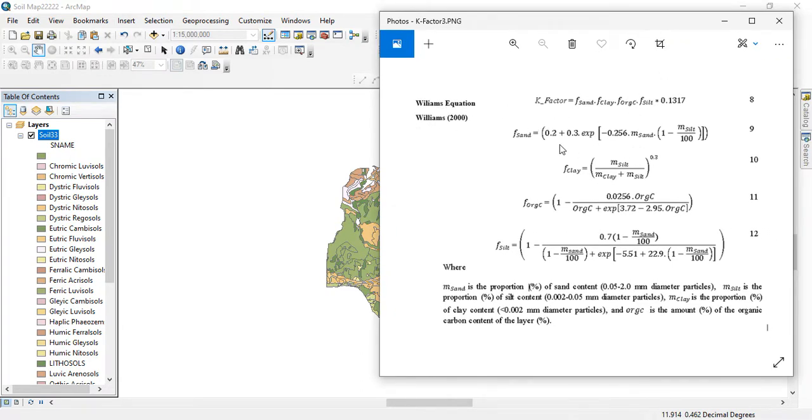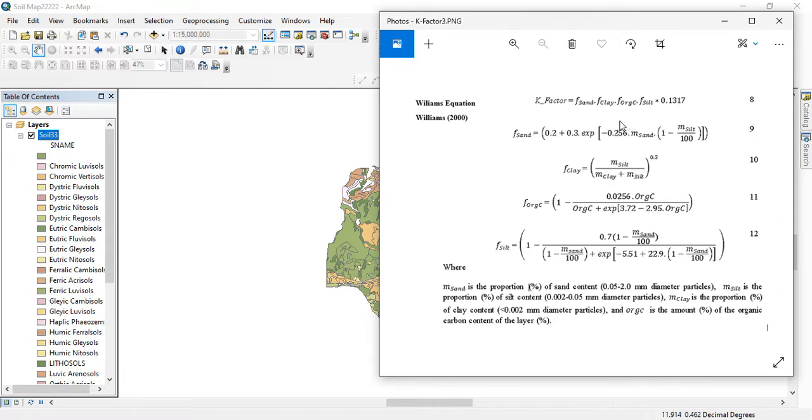So in the Williams equation, we have the K factor equal to F sand multiplied by F clay multiplied by F organic multiplied by F silt multiplied by 0.1317.